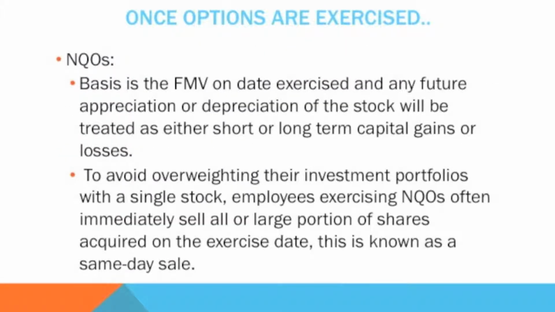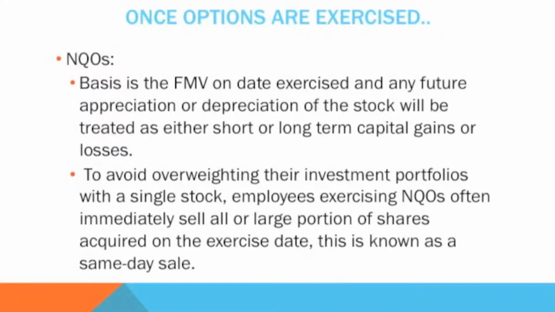In this section, we talk about what happens once options are exercised. For non-qualified stock options, employees who purchase stock with non-qualified stock options and retain that stock are in the same position for tax purposes as any other investor. Their basis in the stock is the fair market value on the date they exercised the options, and any future appreciation or depreciation of the stock will be treated for tax purposes as either short or long-term capital gains or losses, depending on the holding period.